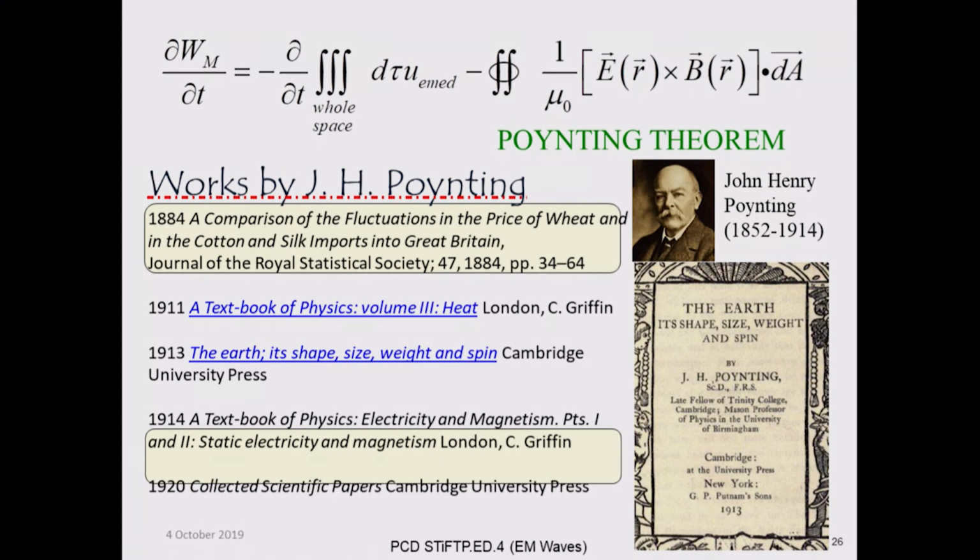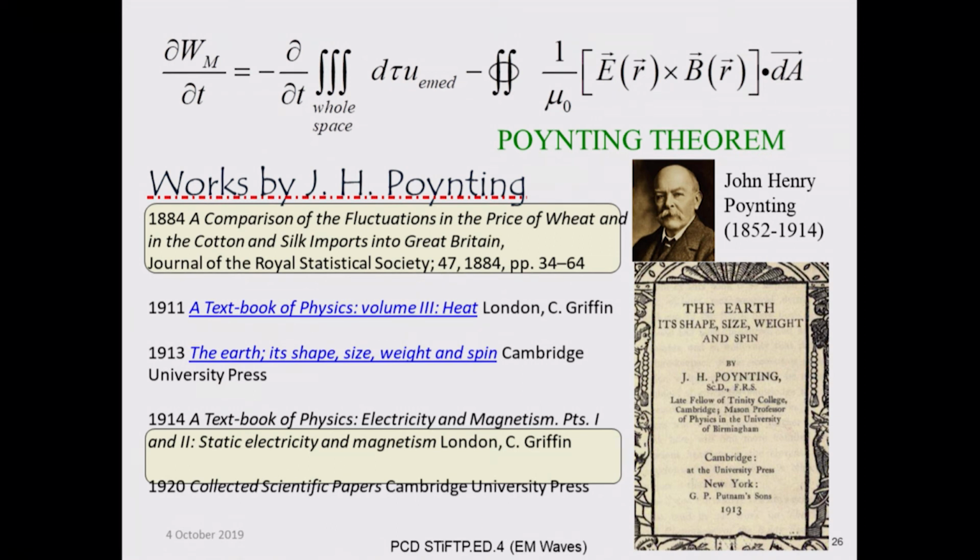Okay, so it is a conservation theorem, and the reason I mentioned that Poynting was a very interesting person is because look at his works. He wrote a textbook on physics. He wrote a textbook on Earth, its shape, size, weight and spin. Amazing things. I mean, his contribution is to such diverse subjects.